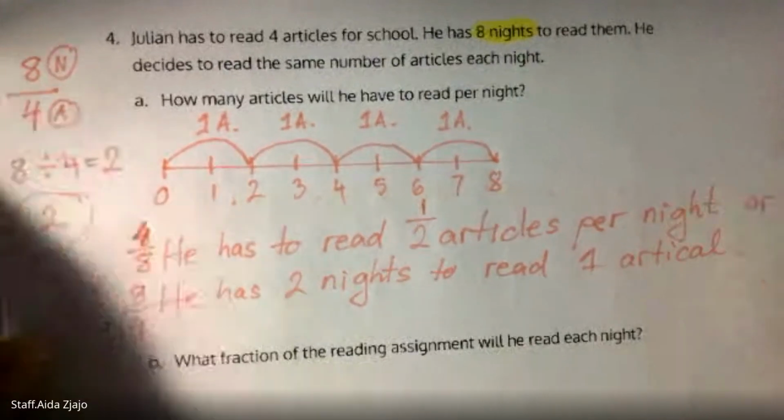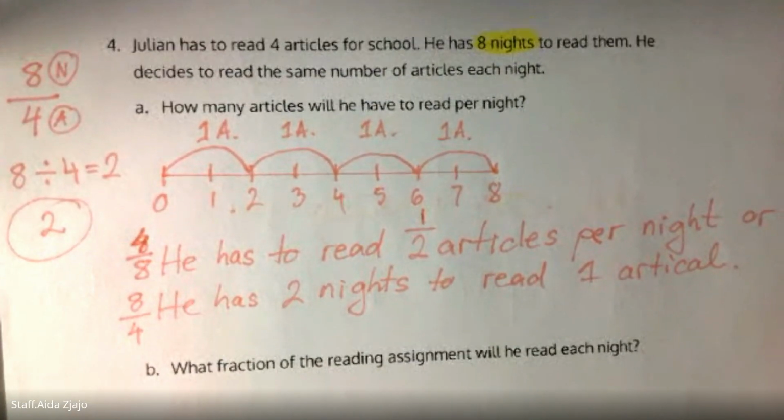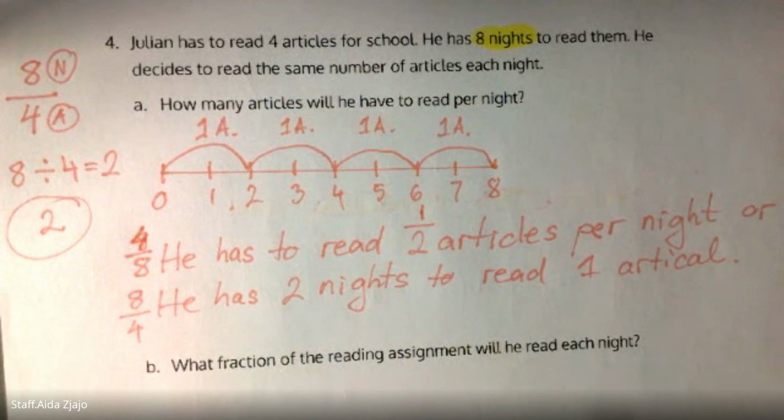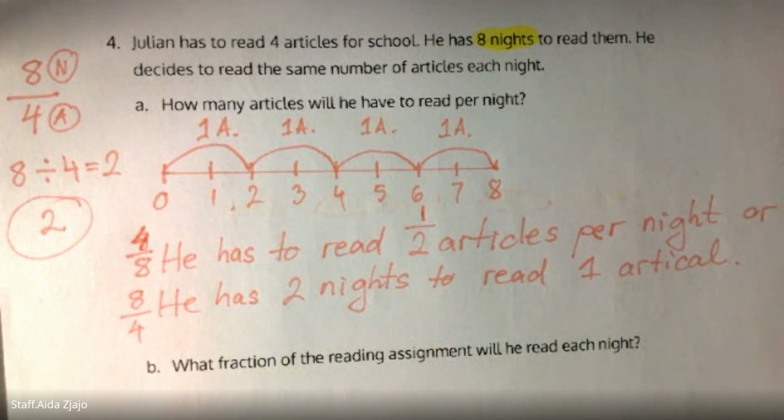So that's an interesting question where you can see both ways to figure it out: how many articles per night or how many nights per article, which is connected to the 6th grade curriculum, kind of ratios.